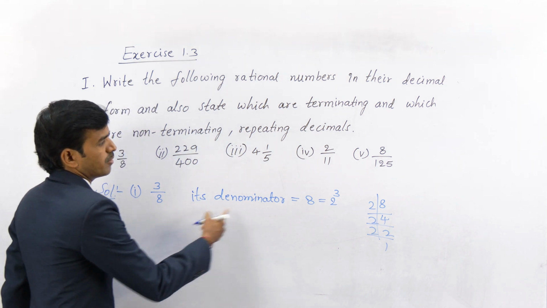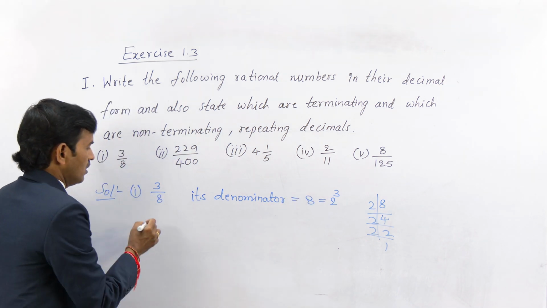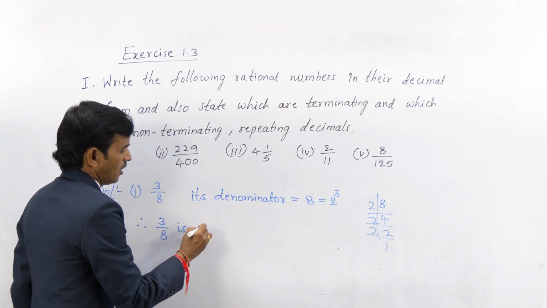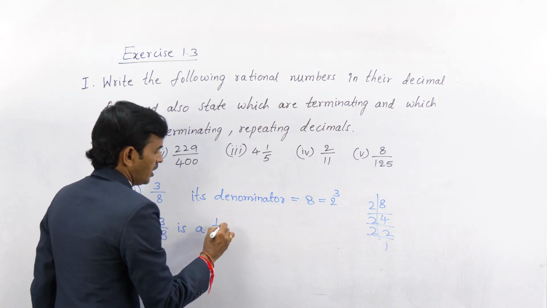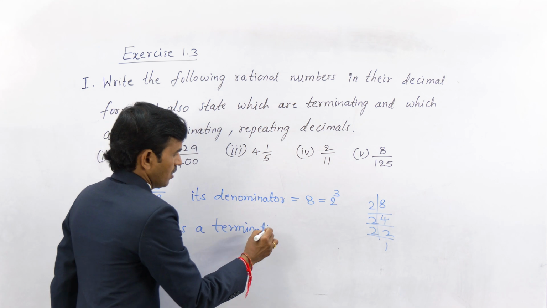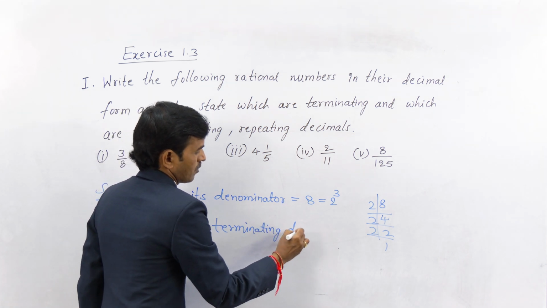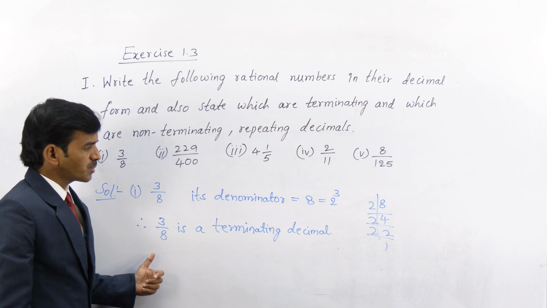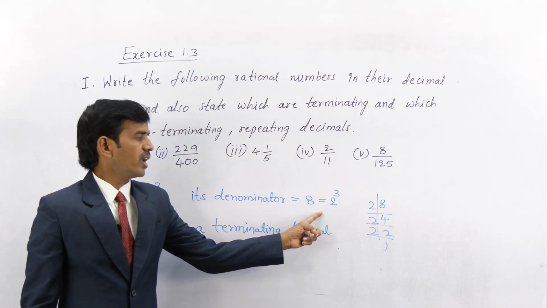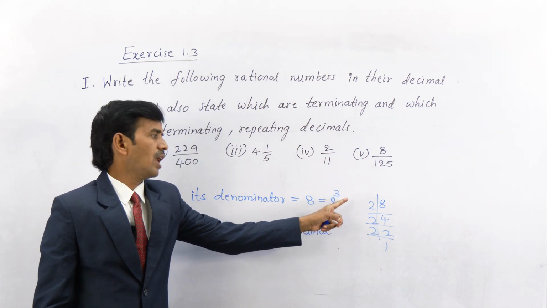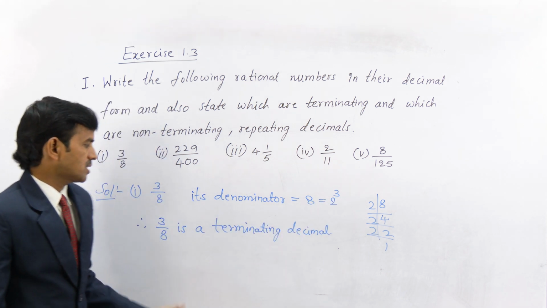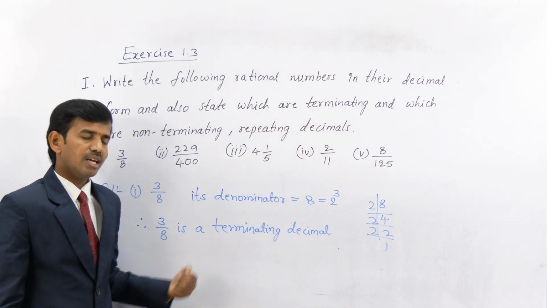As the denominator is in the form of 2 power n, therefore 3 by 8 is a terminating decimal. Its denominator is expressed in the form of 2 power n into 5 power m, where the m value is eliminated, so it is written as a terminating decimal.